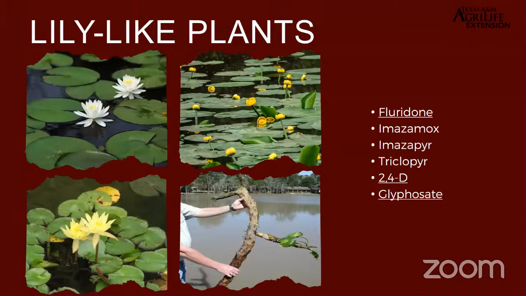These are our lily-like plants, which I was talking about a little bit earlier. They are emergent. We have our white water lily, yellow water lily, and our spatterdock. These are what their roots look like. Again, it's these thick tuberous roots. They actually store enough carbohydrates to last up to 7 years without getting any energy from the sun.